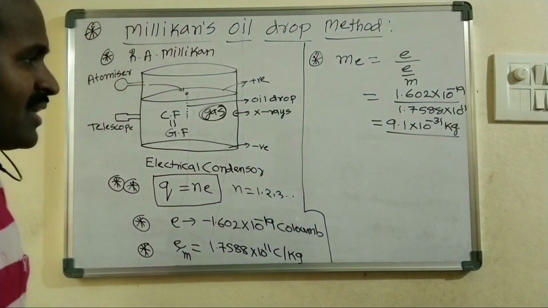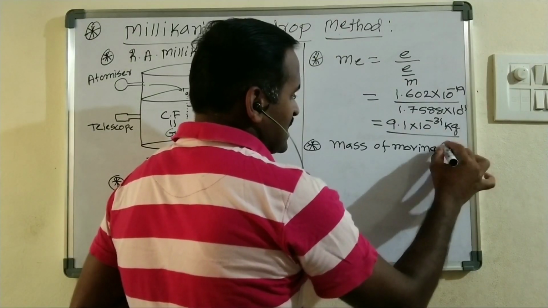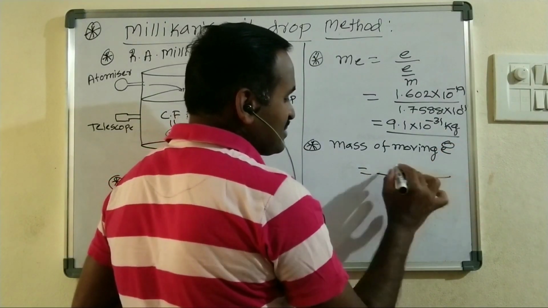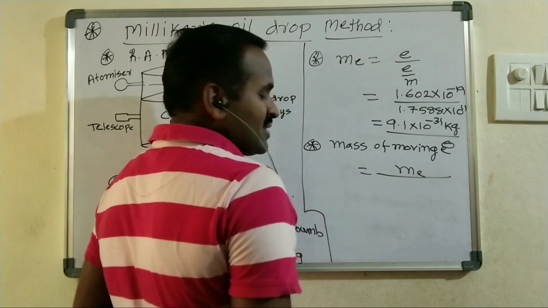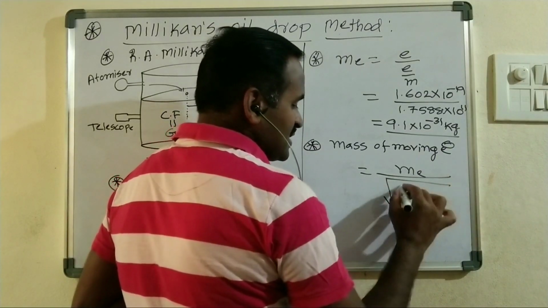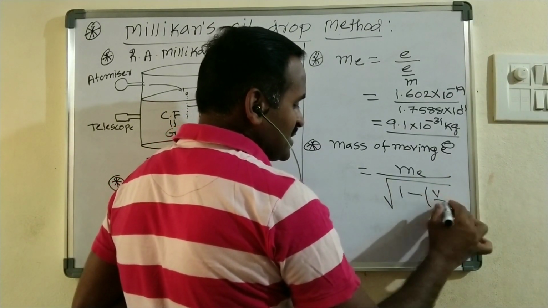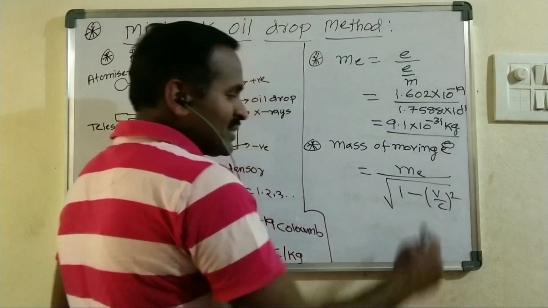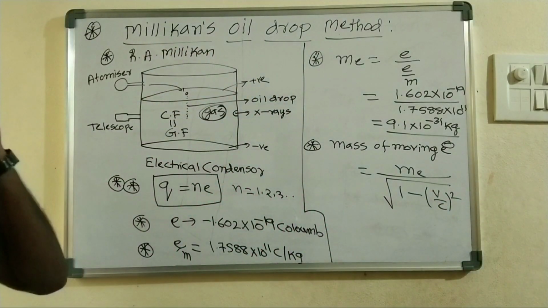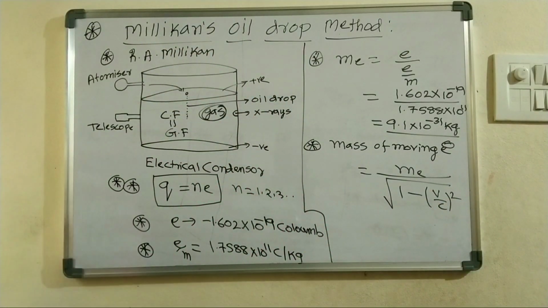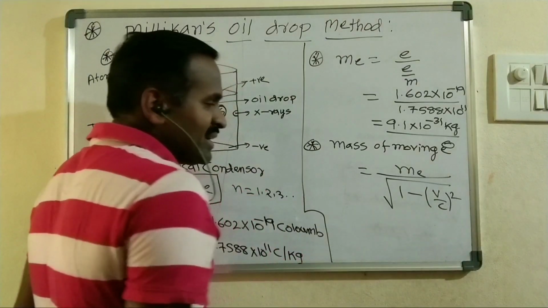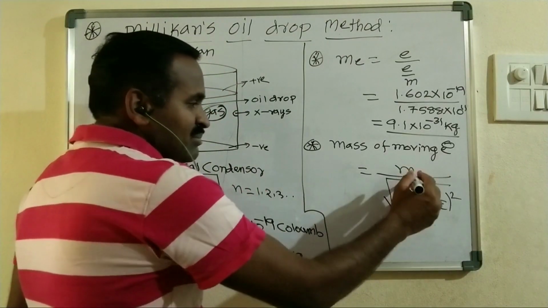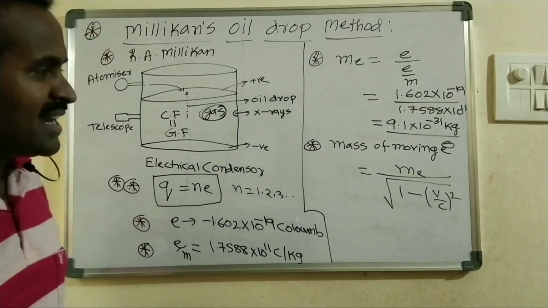So the mass of a moving electron is equal to the mass of the rest electron divided by the square root of 1 minus (v by c) whole squared. Here v is the velocity of the electron, and c is simply the speed of light, right? So m is nothing but the mass of the rest electron.